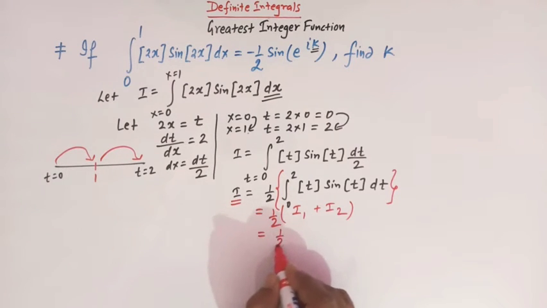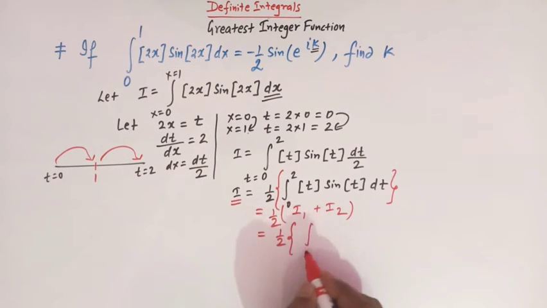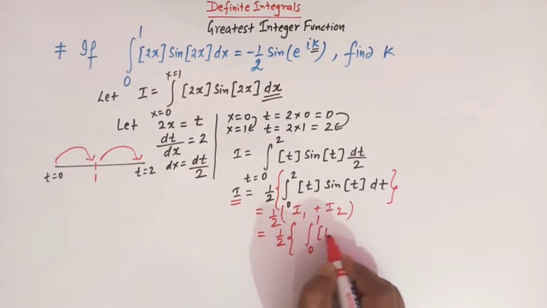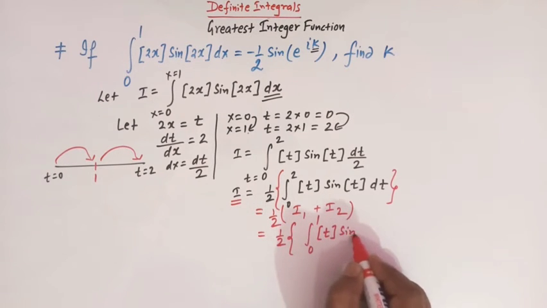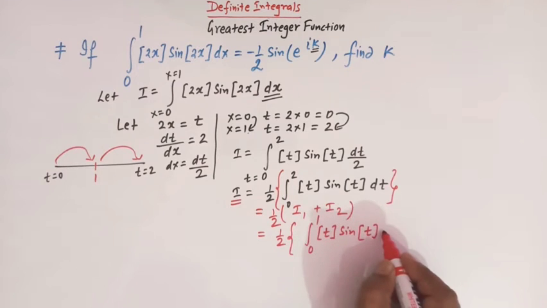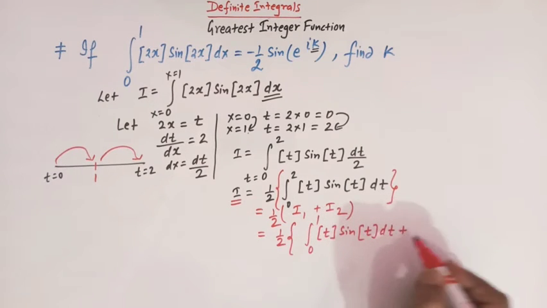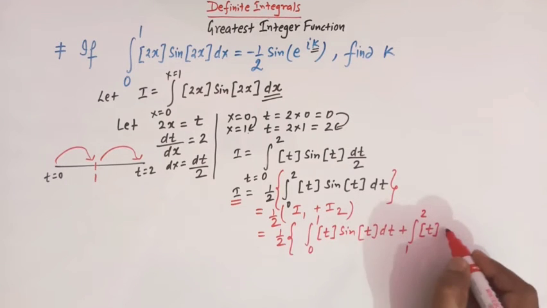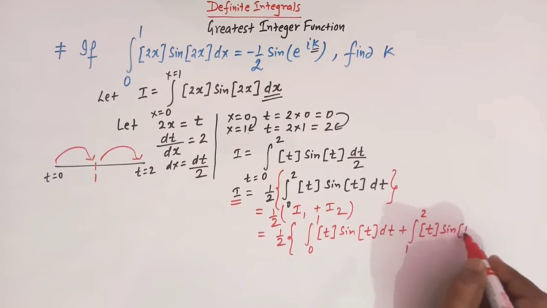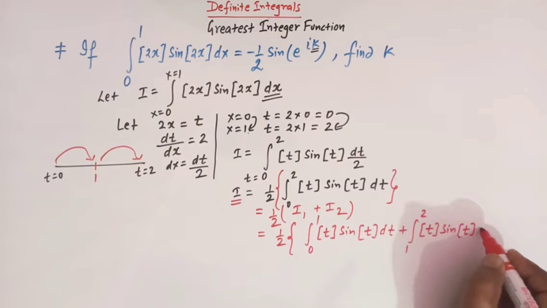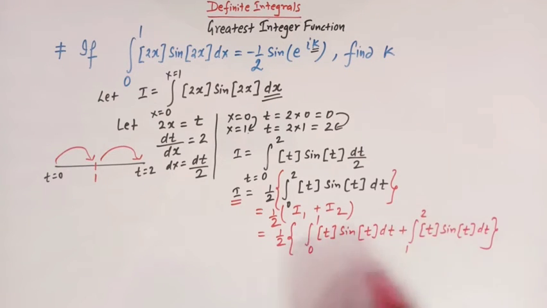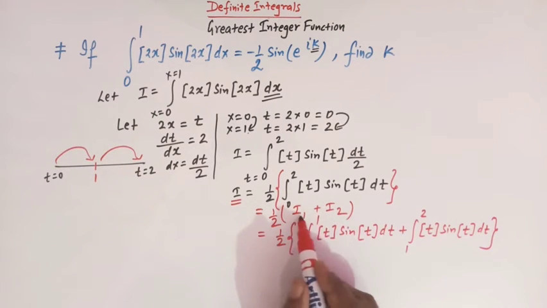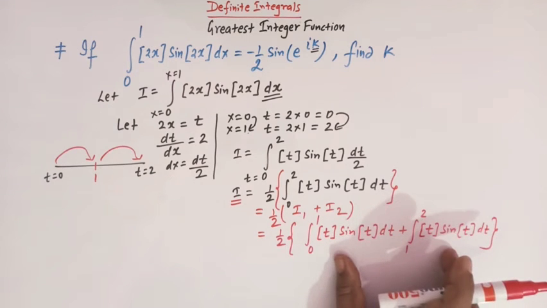So we have half times the integral from 0 to 1 of greatest integer t sine of greatest integer t dt, plus the integral from 1 to 2 of greatest integer t sine of greatest integer t dt.